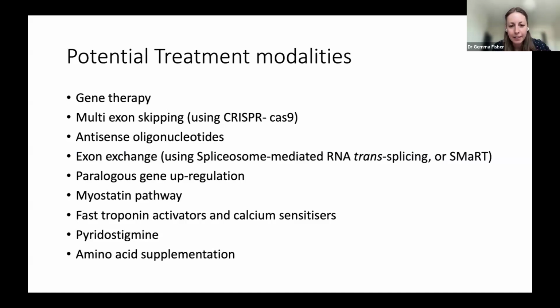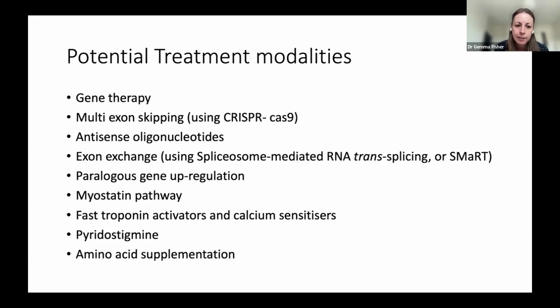So again, these are very medical terms in this slide. The treatment modalities include gene therapy, so that involves replacing the abnormal gene or maybe a smaller version of the abnormal gene. Multi-exon skipping, so that's like ignoring certain chunks of a gene.